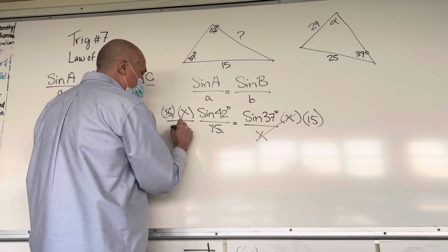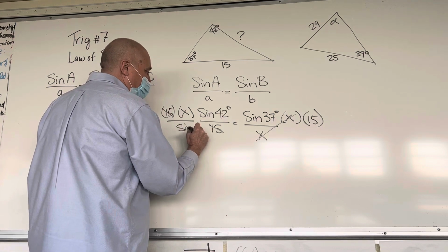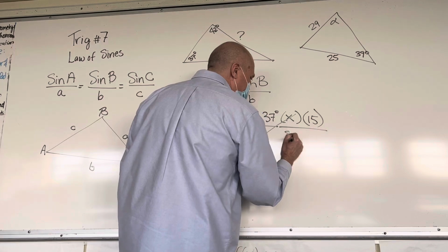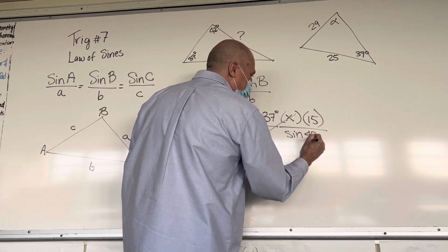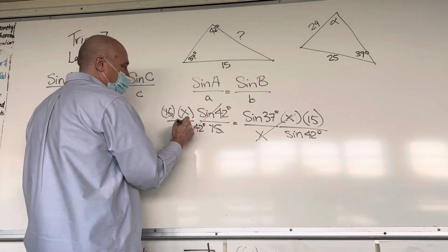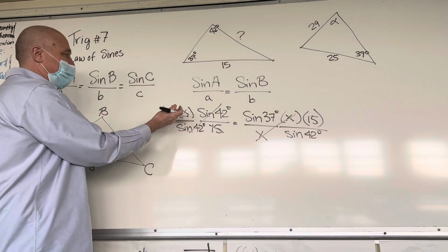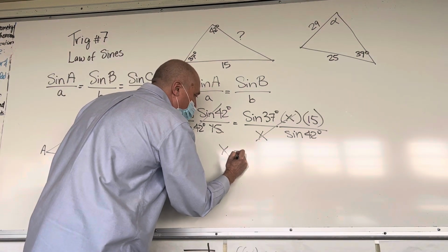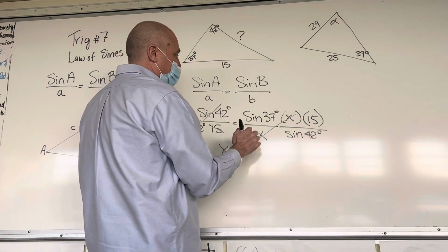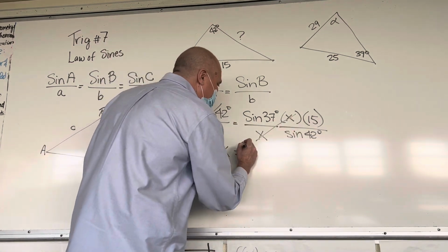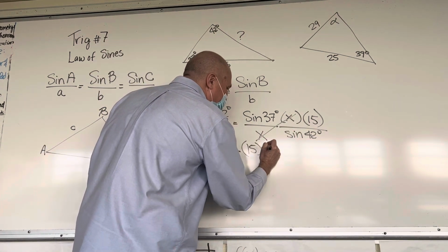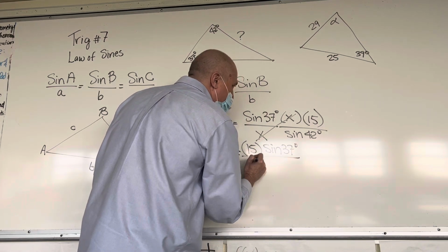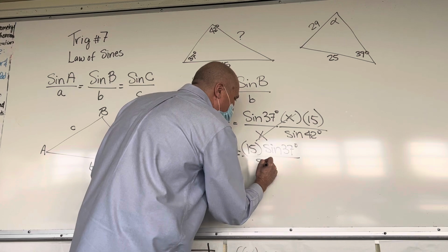Then we'll divide both sides by the sine 42 degrees, here and here, so that the sine 42 will disappear on this side. Notice there's only the x left. So x will be equal to 15 times sine 37 degrees over sine 42 degrees.